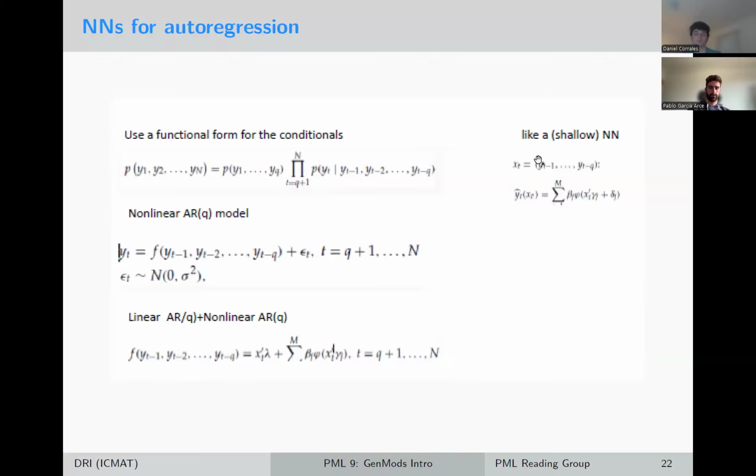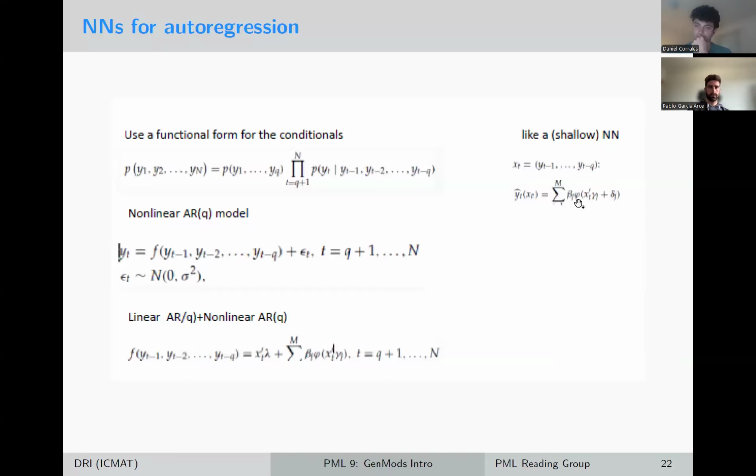If we call x these Q antecessors, the notation is not the most fortunate, we would be forecasting the next YT through a neural network model based on the previous Q observations. So this is autoregressive, but it's non-linear.